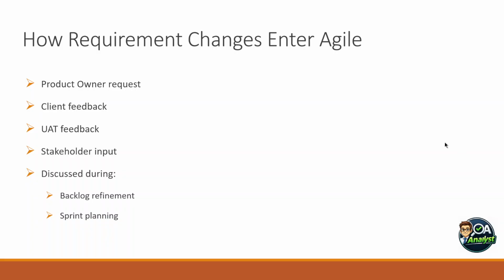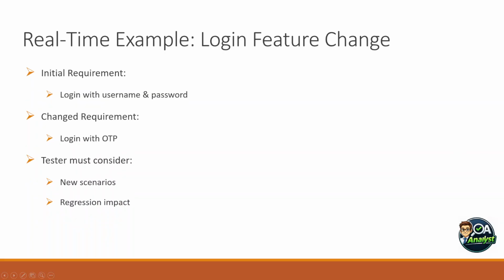Let's take a real-time example. According to the initial requirement, the login requirement says the user can log in using username and password. Later the business says we also want OTP based login. This is nothing but a requirement change.